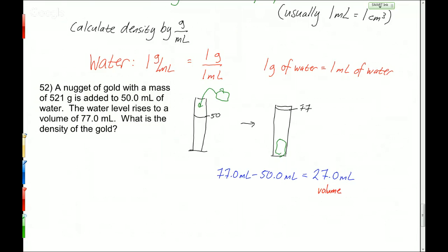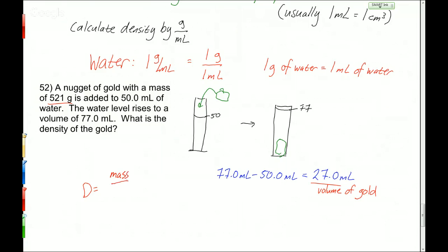That's how much space the gold takes up. That's going to be our volume of gold. So 50 milliliters from the water. Anything else is caused by the gold. Okay, so now we have a mass, 521. We have a volume, 27. We can get a density.